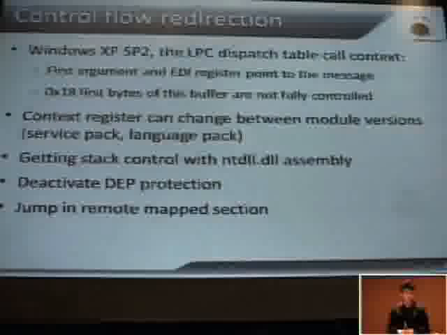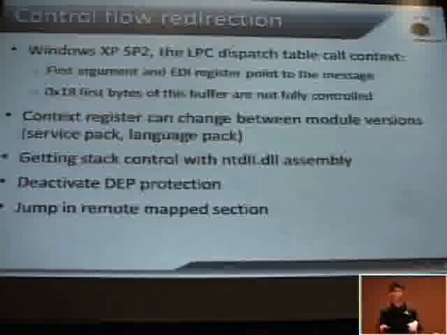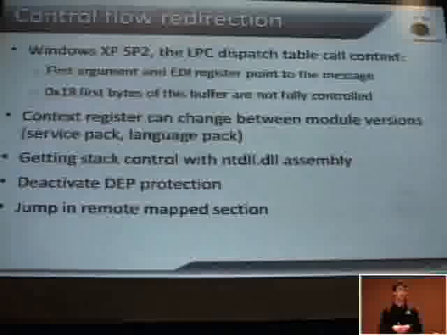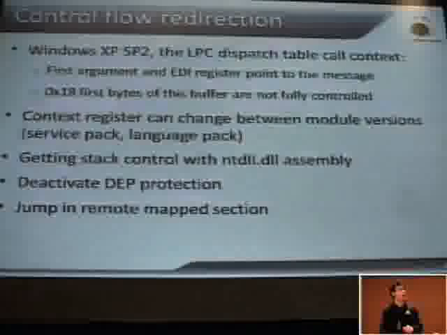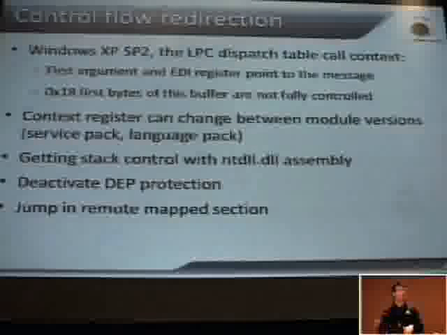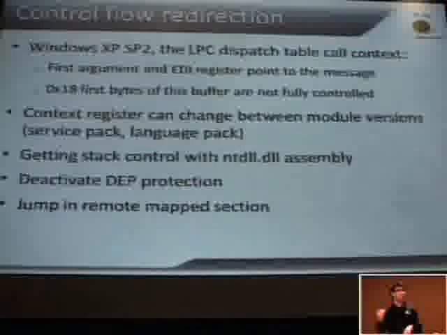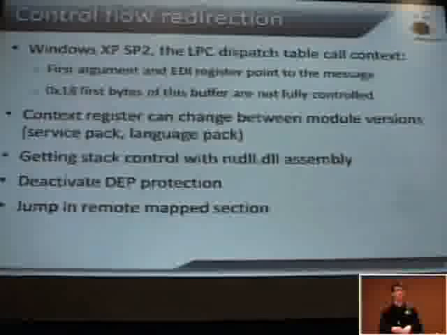And as I said, we get the stack control in order to deactivate the DEP and jump in the shellcode. To deactivate the DEP, we use the ret2libc technique. Basically, you jump in a part of NTDLL with a specific context that will deactivate the DEP and return on an address on your stack.